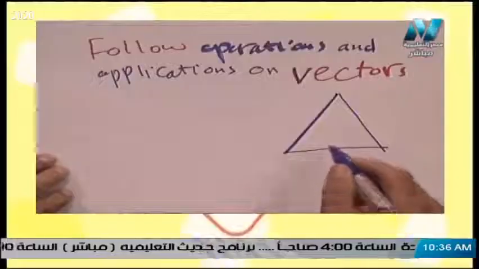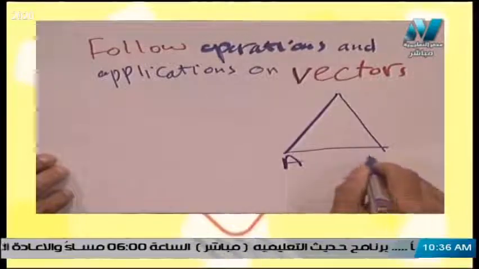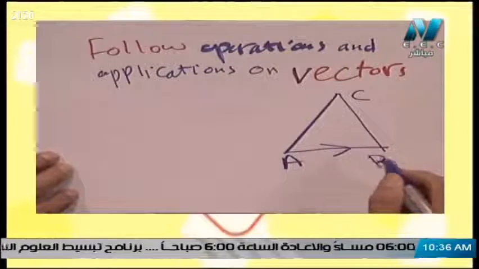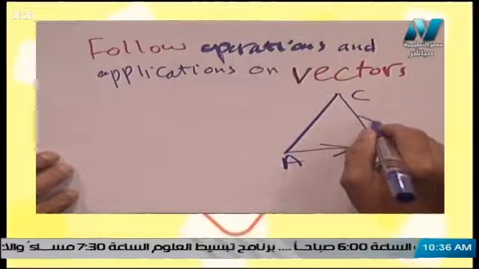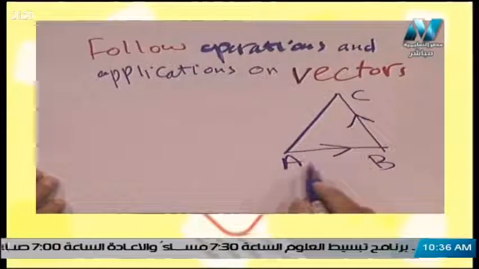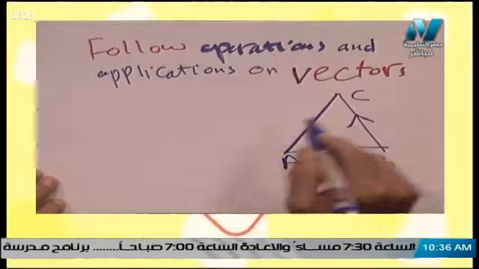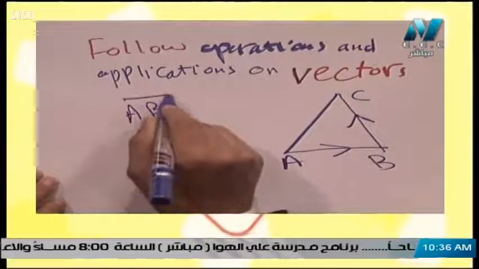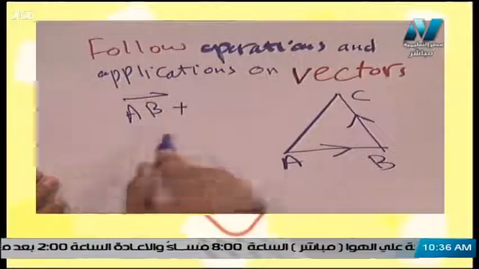Look with me. We discussed before the triangle of vectors. If we have a triangle here, ABC, and we have the vector AB and the vector BC, to find the sum of AB plus BC, we wrote AB plus the vector BC.